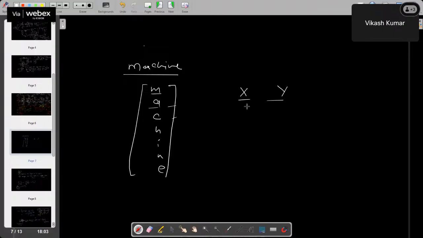So the X will be starting from machine and everything will be there, and the Y will be starting from A and everything will be there. Now in a recurrent network, what will happen? If we provide M, it should predict the next character as A, isn't it?